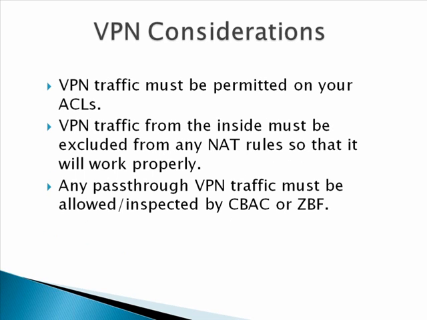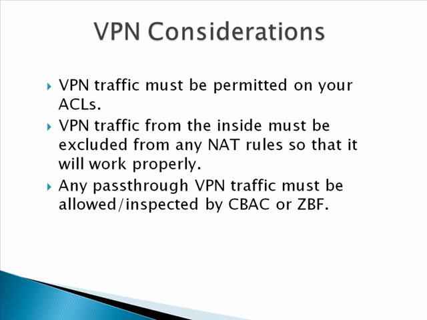So here's what you have to consider with VPN if you're doing the router as a firewall thing. You have to allow the VPN traffic on your outside ACLs, otherwise the packets get dropped. If you are VPNing from inside your corporate network, say you have a site-to-site tunnel between your headquarters and your branch office, typically the inside to outside traffic is going to be translated by NAT.